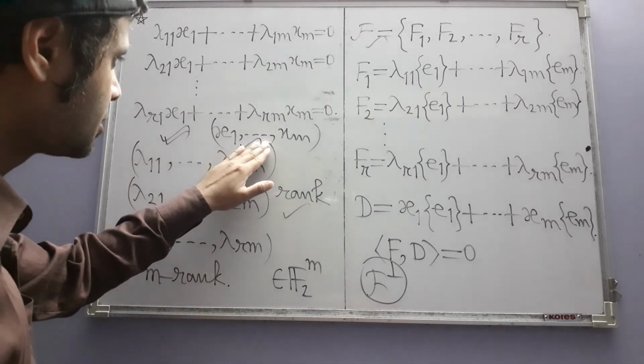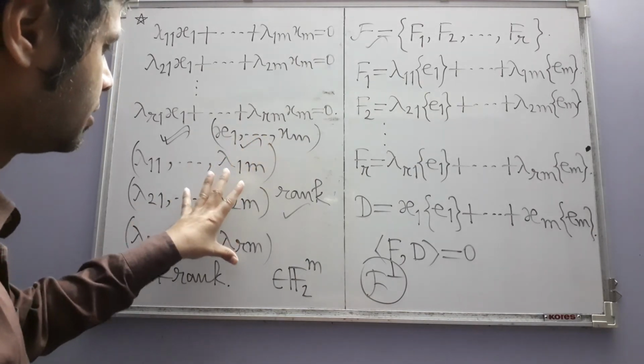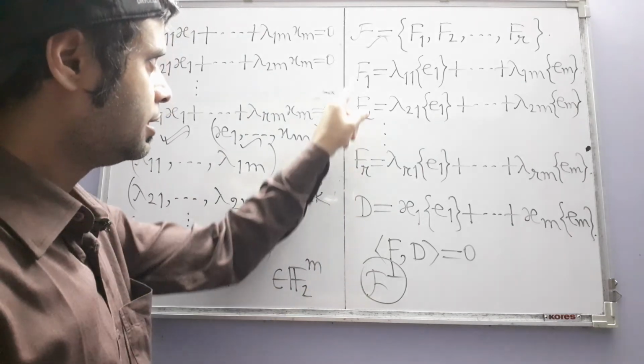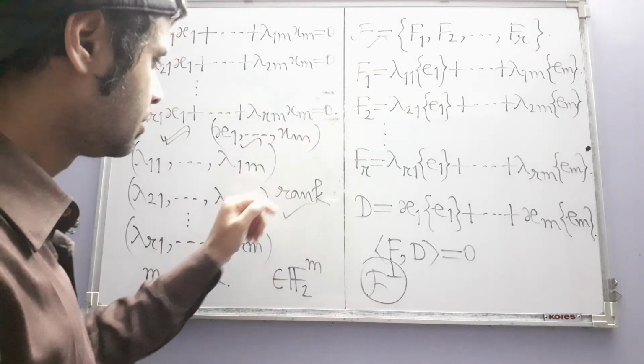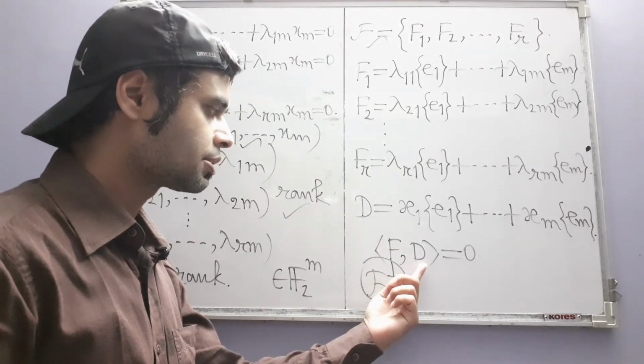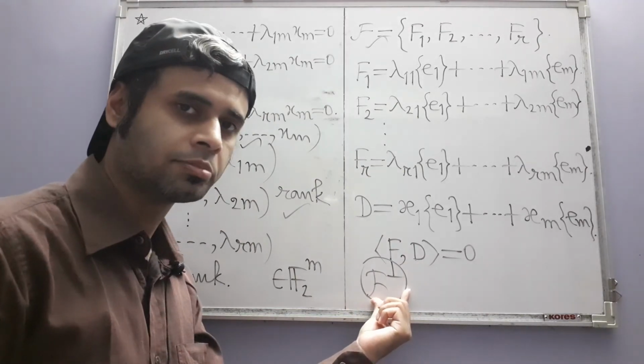And just like the space spanned by these vectors is isomorphic to F, the solution space is isomorphic to the space of all D's, that is F perpendicular.